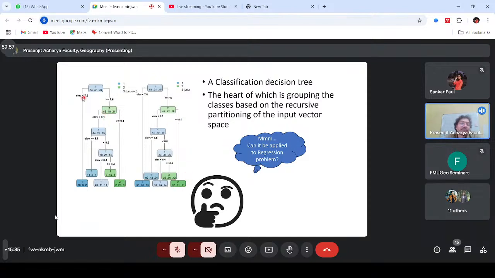It all uses different elevation values, so at different elevation values we have classified them and found the classes. So we have 1, 1, 2, 1, right? This suggests the number of observations falling in each of these leaves. This is called the splitting node. This is called leaf. This suggests the probabilities of correctly classifying class 1, class 2, and class 3.